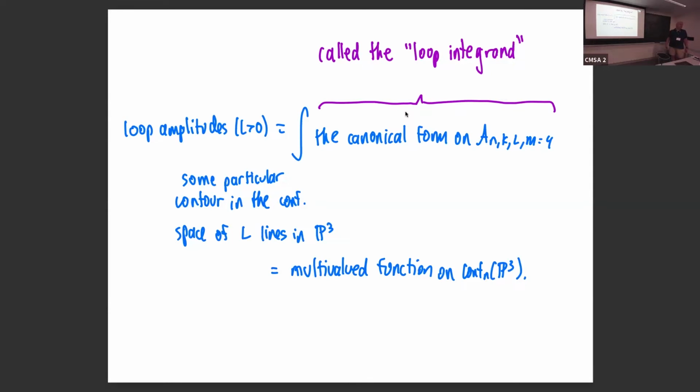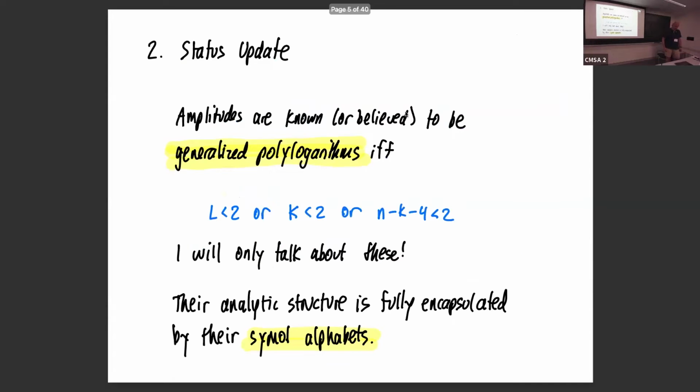And when you do that, you get a multi-valued function, you get these polylogarithmic functions, or even worse types of functions on the kinematic configuration space. So these two slides just emphasize the really important conceptual and mathematical distinction between tree amplitudes and loop amplitudes. Okay, but that's the end of my lightning review, since you saw most of that before. This you've also seen in the previous talk.